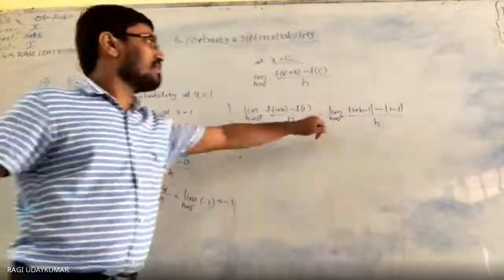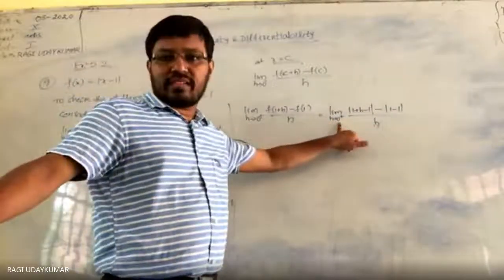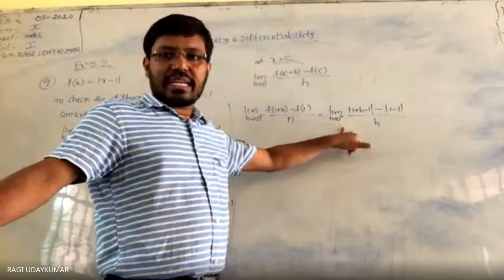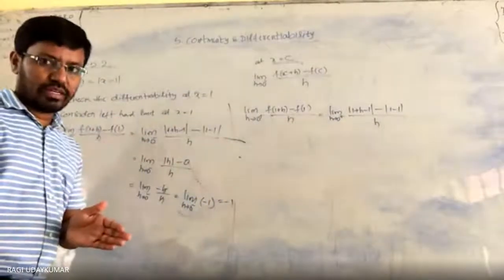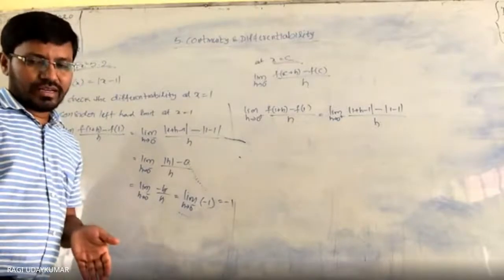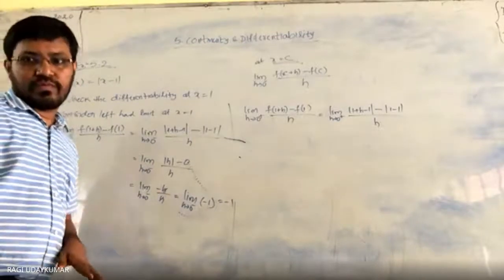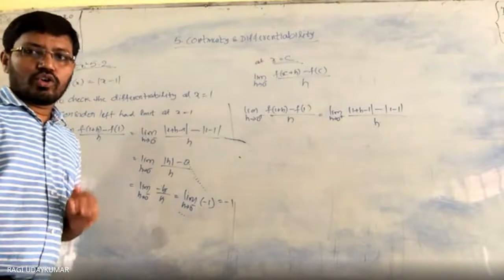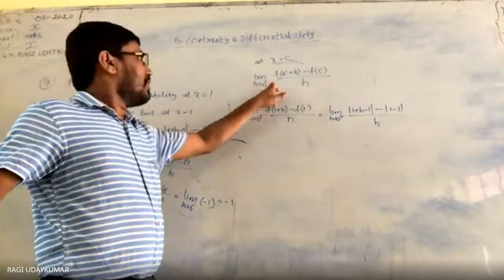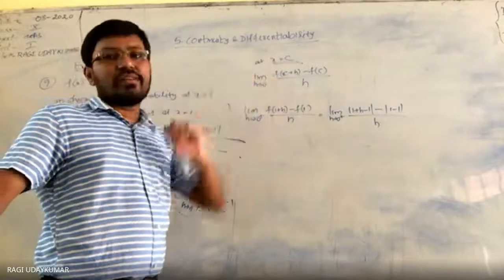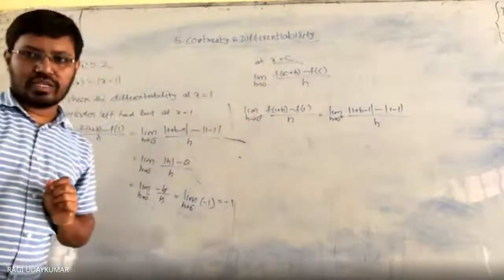Here h tends to 0 plus, so this is the right hand limit and the other is the left hand limit. If the right hand limit and left hand limit are equal, then the limit exists and the function is differentiable. To prove it is differentiable, this should exist at the particular point x equals c.